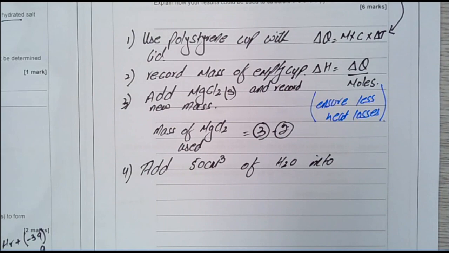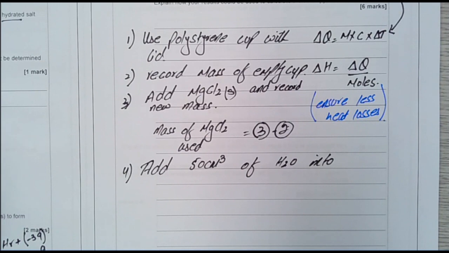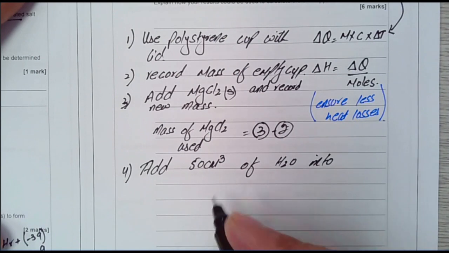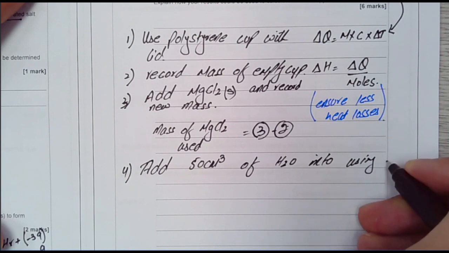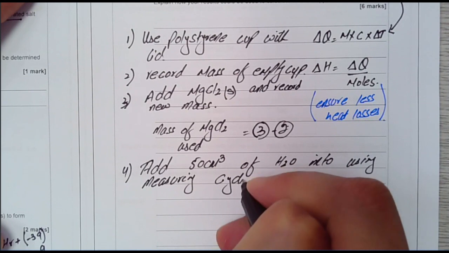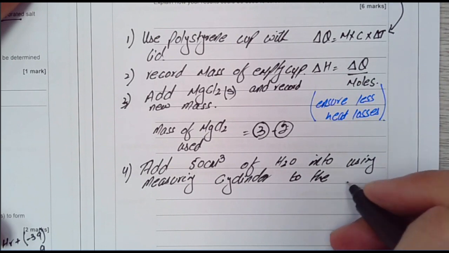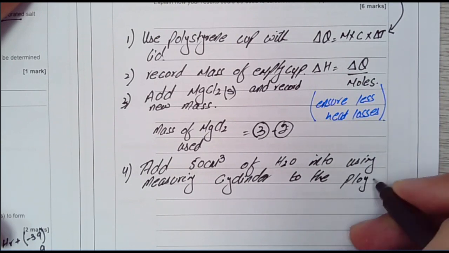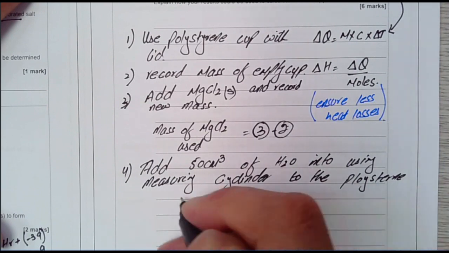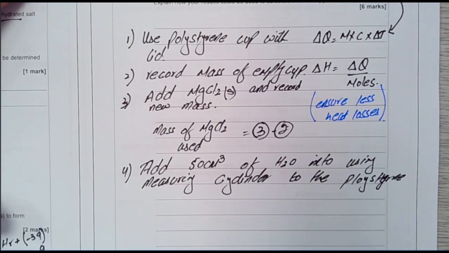Where did I go wrong? I think I should have added this mass later on. Okay, so what we can do in this case is that's fine. So what we are doing is fine as well. You can say add 50 centimeter cube of H2O using measuring cylinder to the, what is it, polystyrene cup. Is that the right spelling for polystyrene?